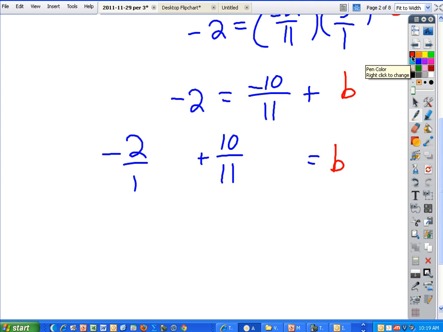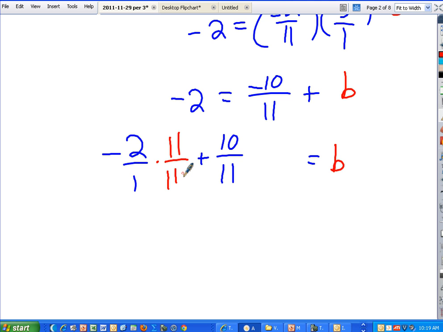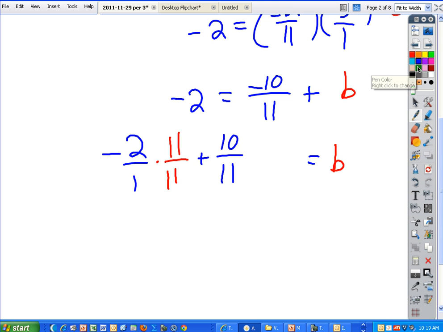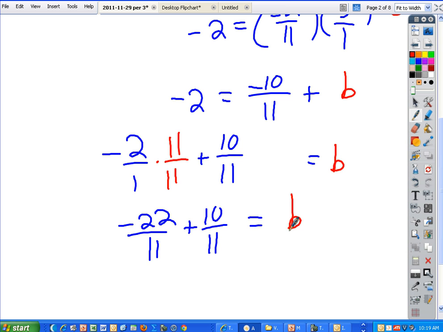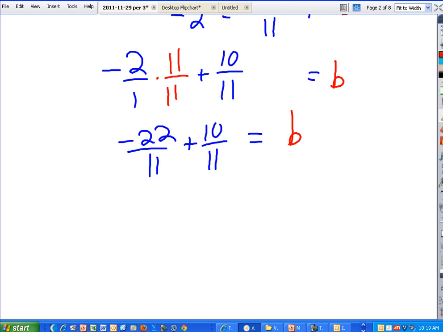Okay, so what do I have to multiply the bottom by over here? 11. Okay. But I have to multiply by the same thing on the top, because that fraction is just 1, isn't it? There we go. Okay, good. So we end up with -22/11 plus 10/11 equals b.